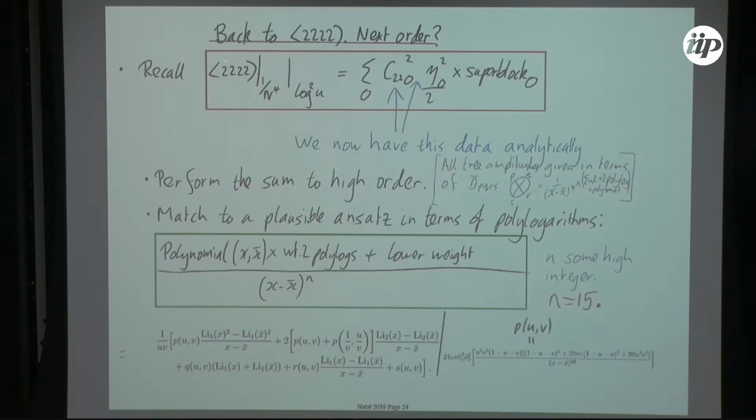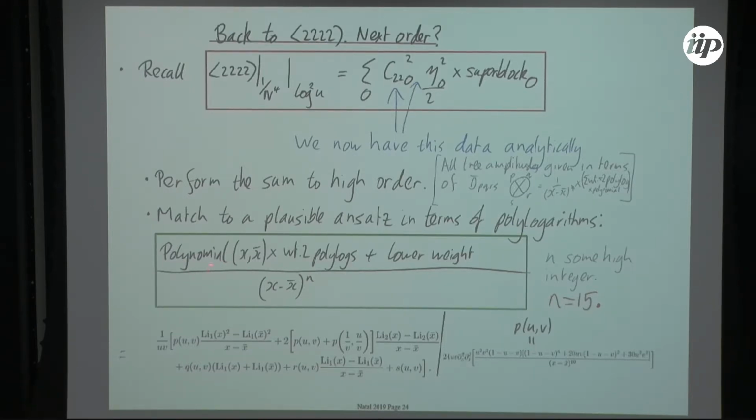Okay, and this is giving you now the full correlation function at 1/n to the 4th at the log squared u piece, the so-called double discontinuity, as a sum. But given that we have this fully analytically, you can perform the sum to high order and match to a plausible ansatz. And the ansatz we matched to was very similar to the one we've just seen for the d-bars.